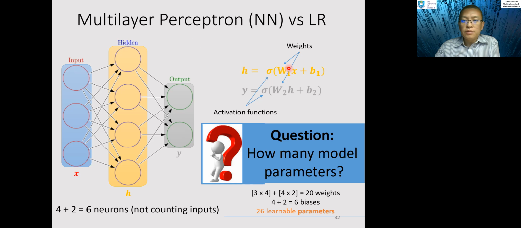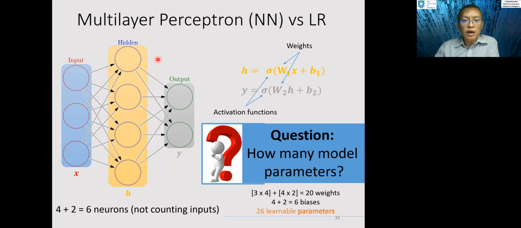We look at these 2 weight matrices. The first weight matrix is basically a linear combination of the input, from 3 units to 4 units, right? So we need 4 weights for each of these 3 units. Therefore, we need 3 times 4 parameters for the weights over here.